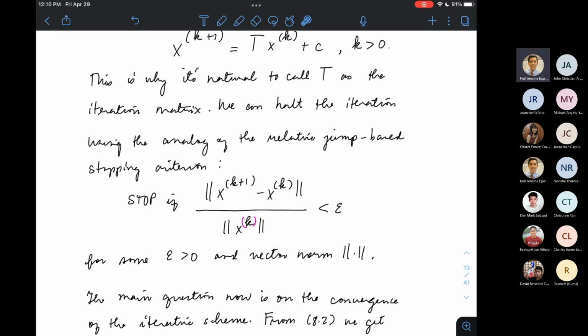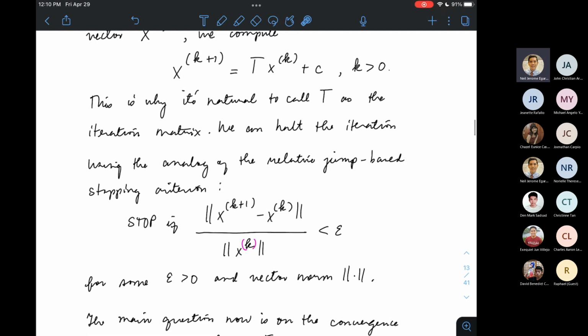May tanong si Ezekiel, ano yung significance ni vector c sa formula po? Si vector c ay constant vector. So essentially tinatranslate niya yung previous estimate. Okay? Pero hindi kasi siya directly related kay x superscript k. Kaya hindi ko siya tinatawag na transition vector o na iteration vector.